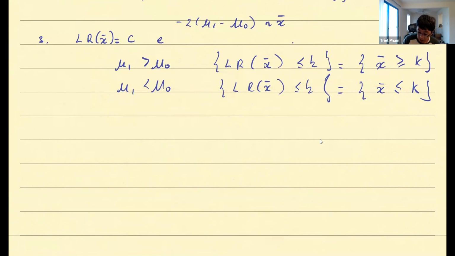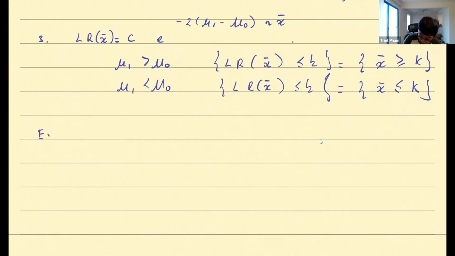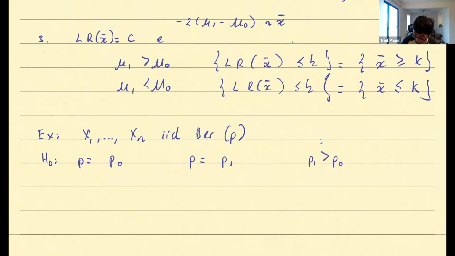Okay, so let's do the Bernoulli example, the simulation example. So suppose I have x1 up to xn, IID, Bernoulli P. Let's make it a little more abstract. So the null is P equals P naught. The alternative is P equals P1, and P1 is bigger than P naught, which was the example I did.